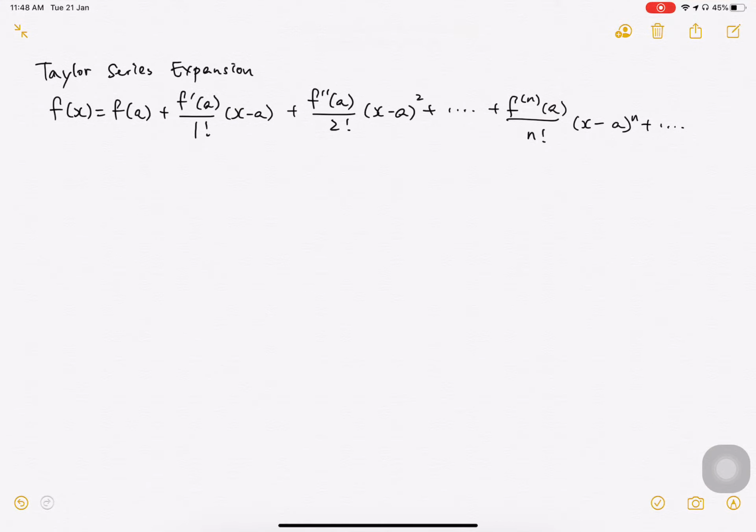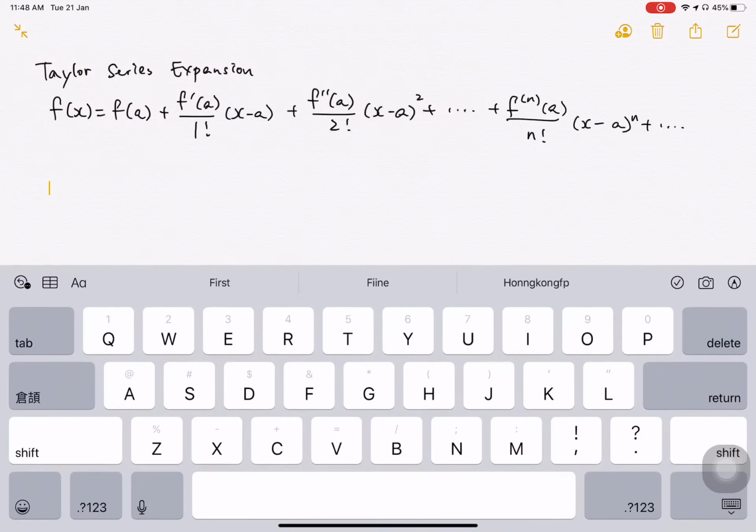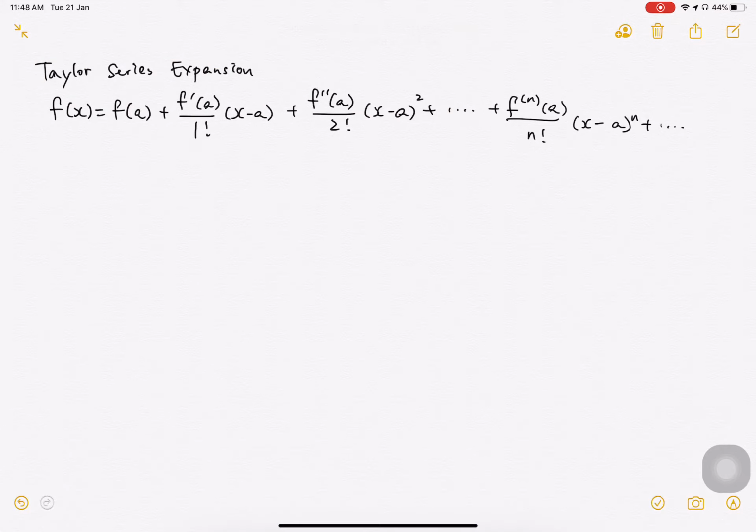Here is just copying the Taylor series expansion. So this f prime here is this one, and then 2 times here, it's this one.